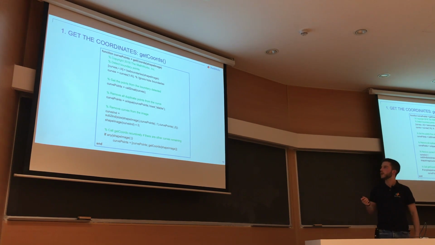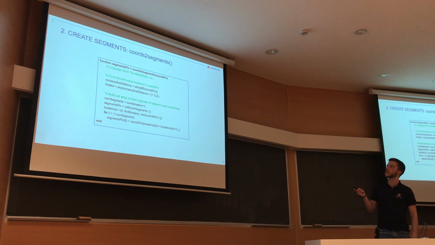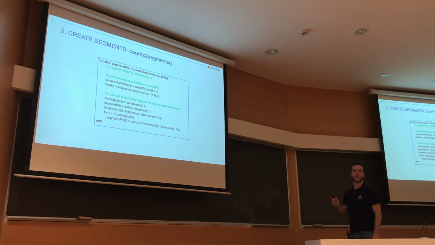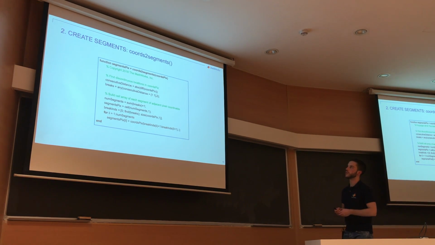Okay. When I get the coordinates, I can link these coordinates to obtain the segments. Of course, the real image is very definite. In our case, we need to discretize the image in some bigger segments, because our drawing rover is not so definite. We need to, of course, obtain a finite number of segments.